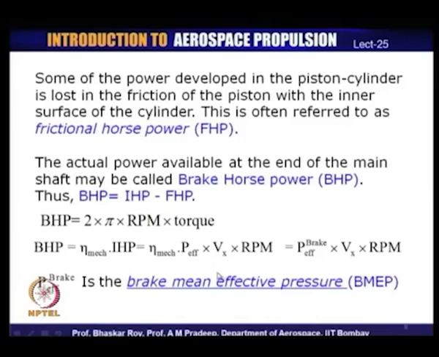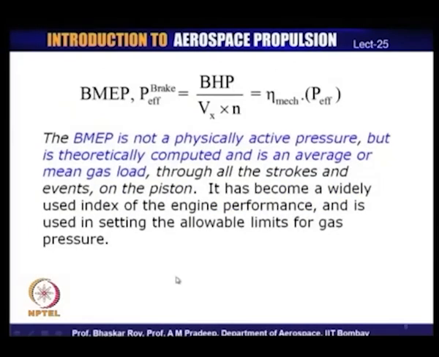The more useful mean effective pressure is the brake mean effective pressure, which is related to the final BHP that is being created through the piston cylinder arrangement, and this is why I said that this is some kind of an average pressure that is actually created by the theoreticians. It is not something that you can measure actually, and it is not the physically active pressure inside the cylinder.